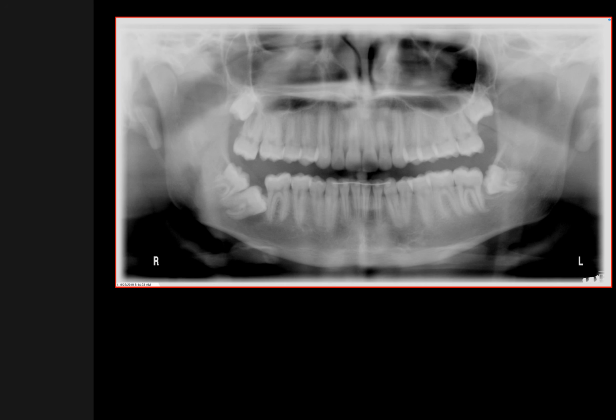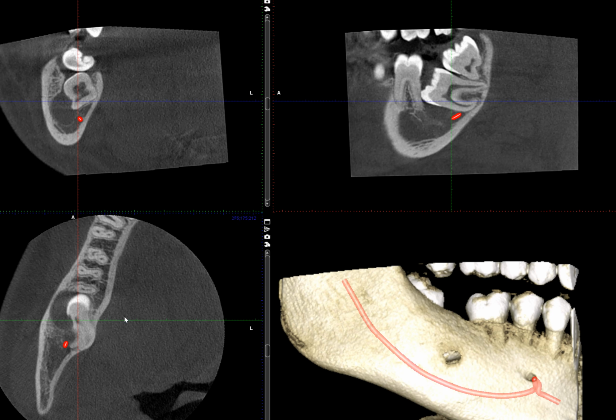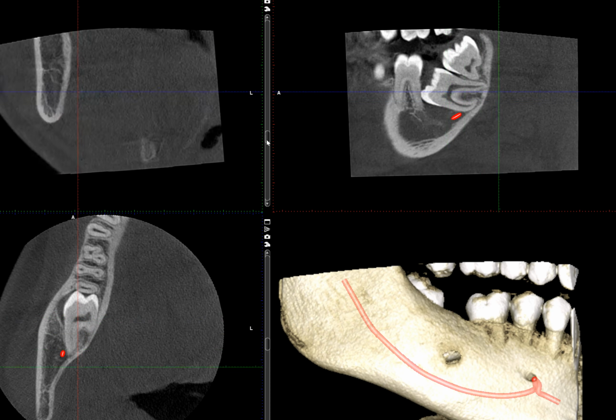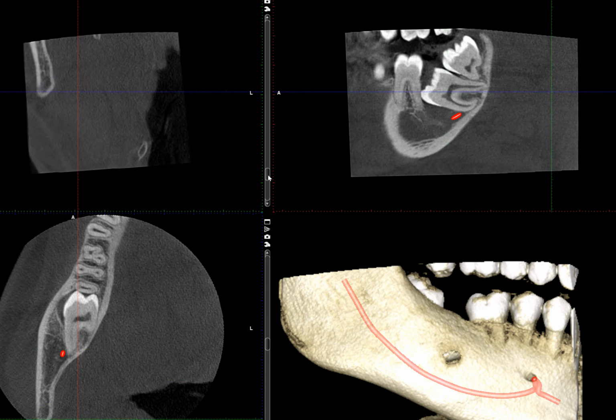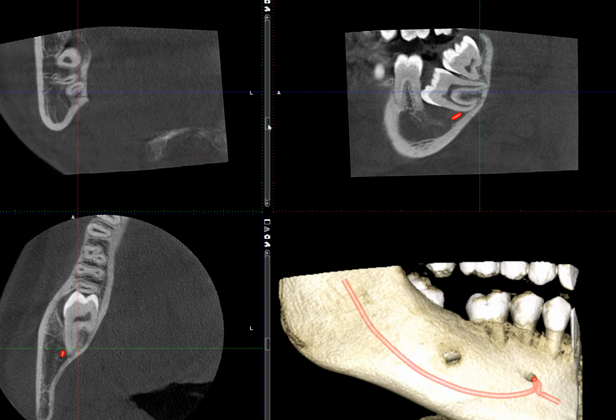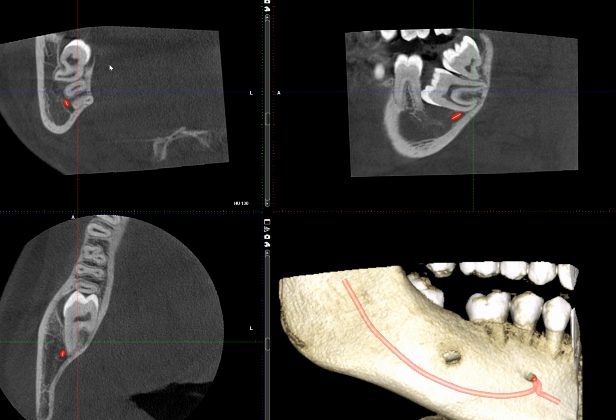So let's take a look at the lesion three-dimensionally. Keep in mind it appears flipped, and then let's take a look at the coronal view first. So I'm going to move back to the posterior end of the scan and move anteriorly. That's number 32, and here we have 31.